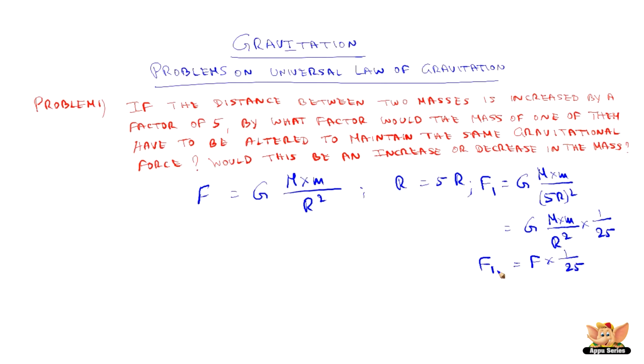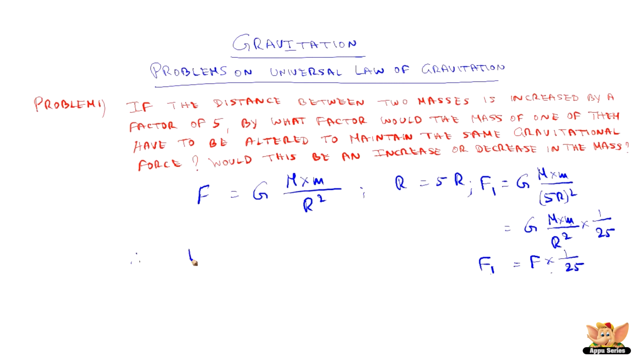So if the force has to be the same in both cases, that is, if F1 has to become F, then the product of masses should be multiplied by 25. That means one of the masses has to be increased 25 times.